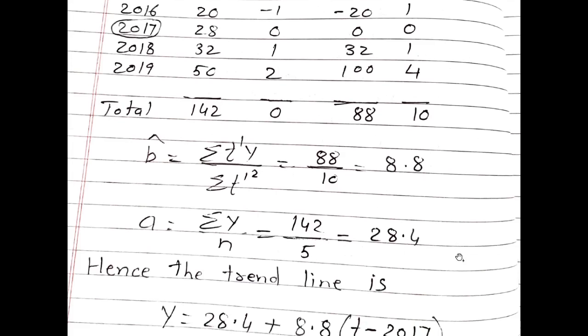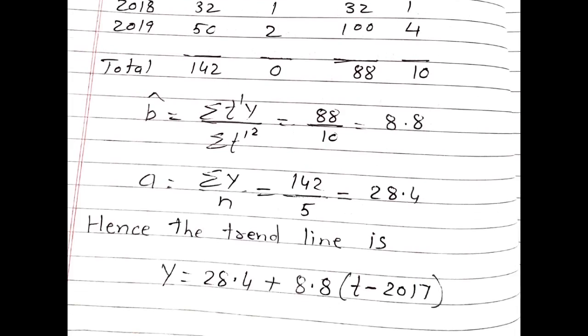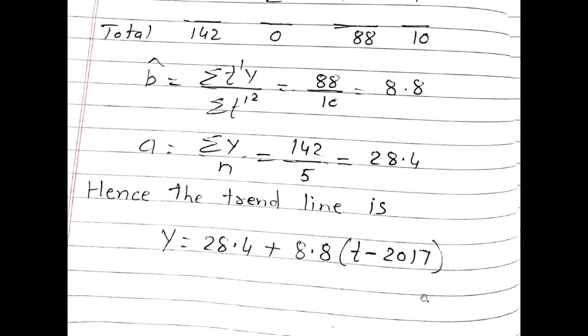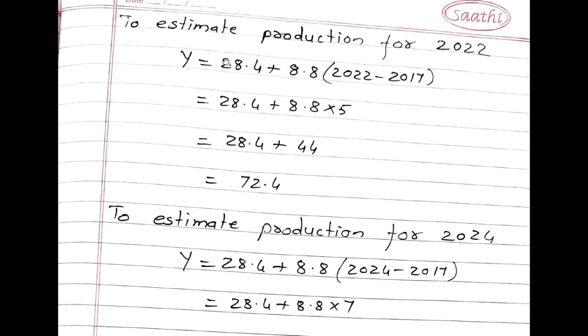Therefore the trend line is y is equal to 28.4 plus 8.8 into t minus 2017. Now we have to estimate the production for 2022.